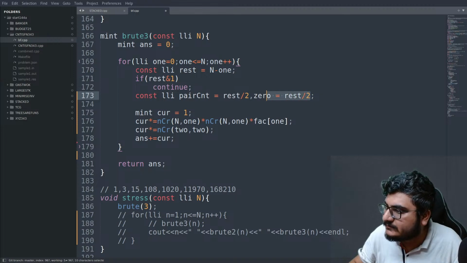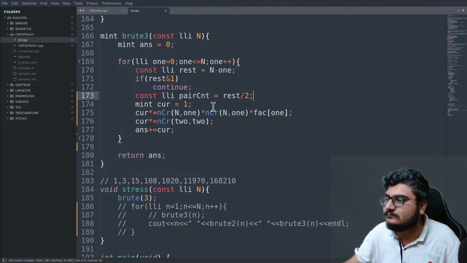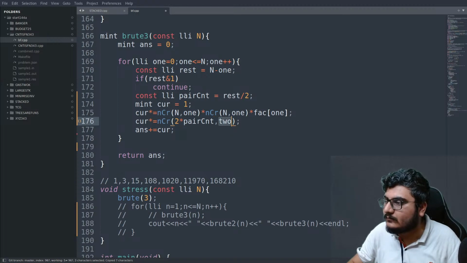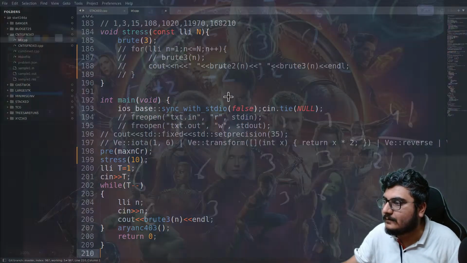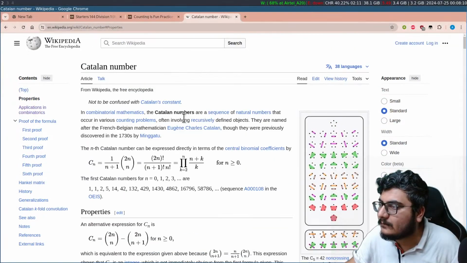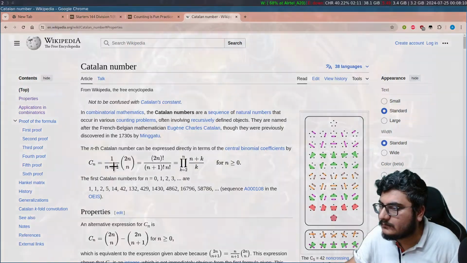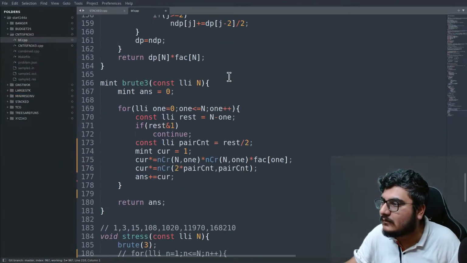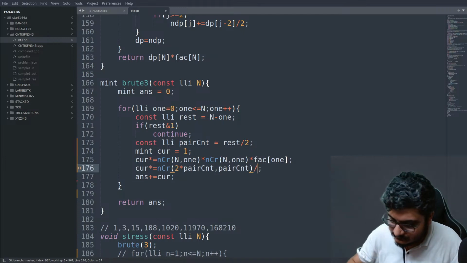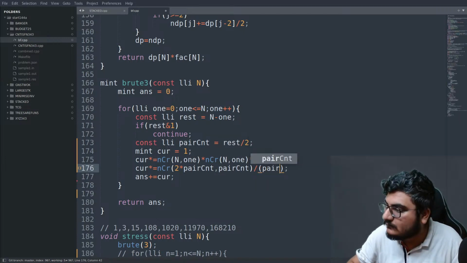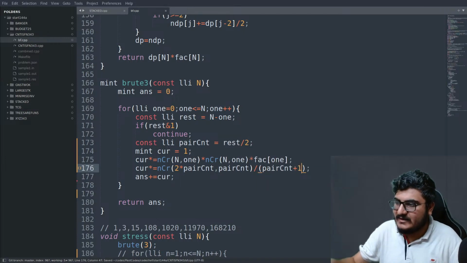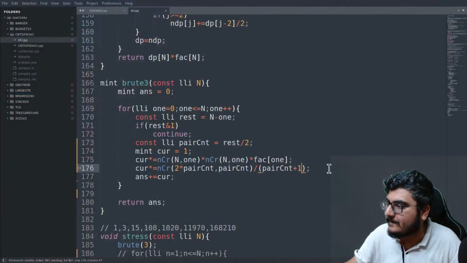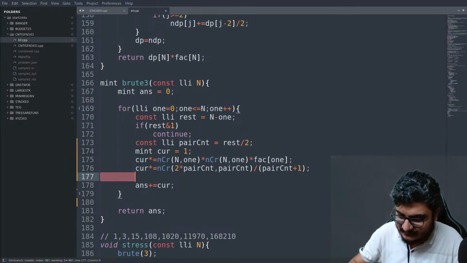This is pair count. This would be the number of valid ways in which we can form the valid pairing count, which is the Catalan number.